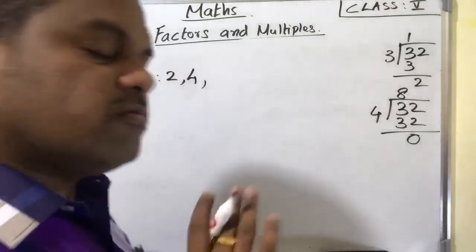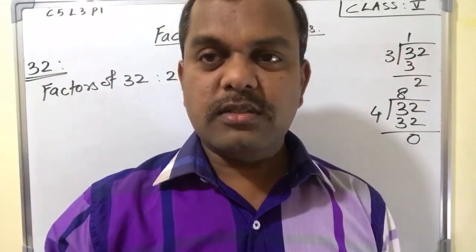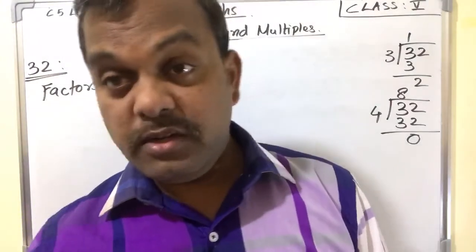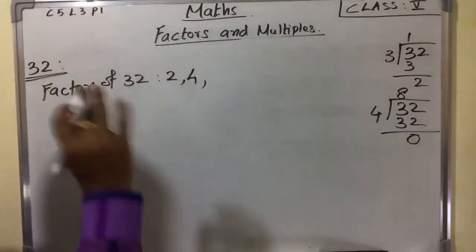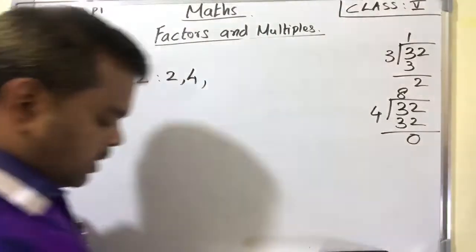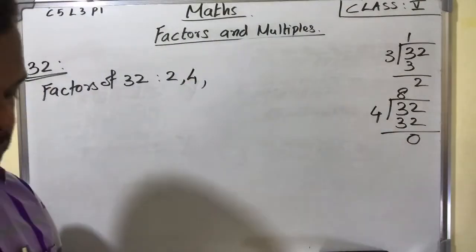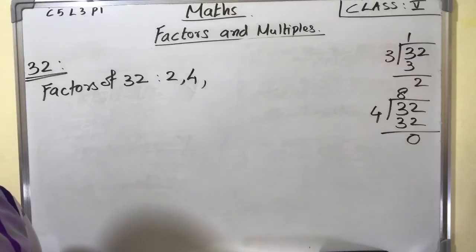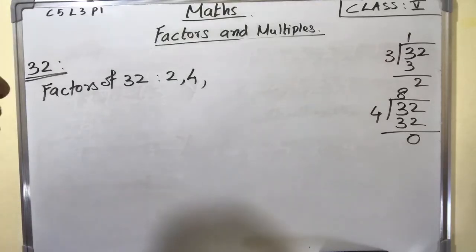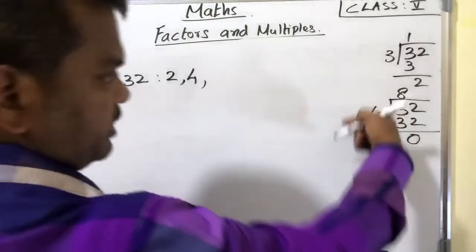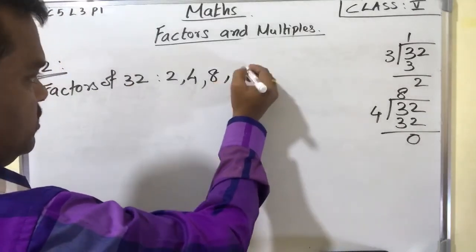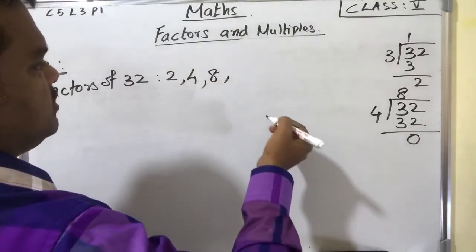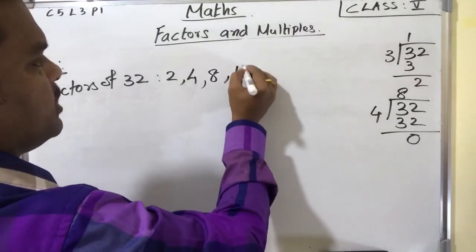Check 5. 5 will not divide, because 6 5s are 30, 7 5s are 35. Next, check with 6. 6 will not divide. After that, check with 8. Yes, 8 will divide. And 2, 4, 8, and after that 16 will divide.